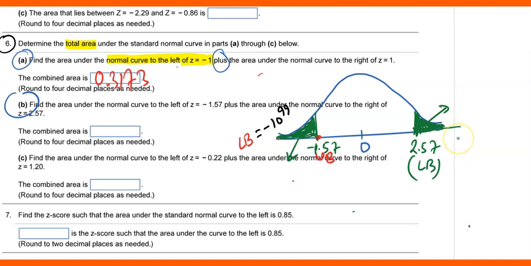Upper bound is, we don't know, therefore 10 to the power 99 is the upper bound. Since you have an upper bound, lower bound for each area, you find each area using normal CDF and add, and you'll get the answer for this combined area. Okay, and you can finish yourself. And part C is similar.